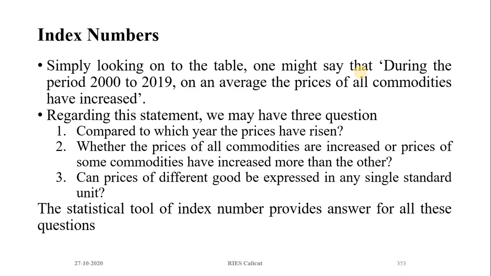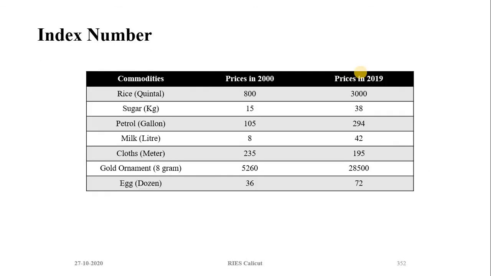Similarly, if you look at these commodity prices, we have stated that all these prices have been increasing. But if you look at each commodity one by one, we can say that the price has increased, but not at a similar rate.